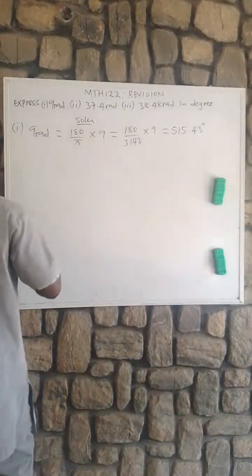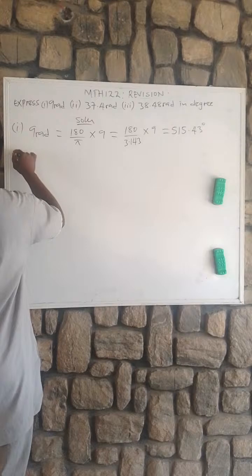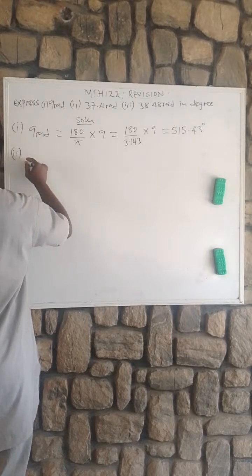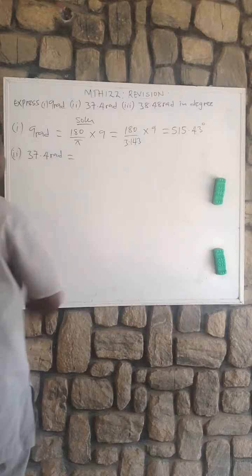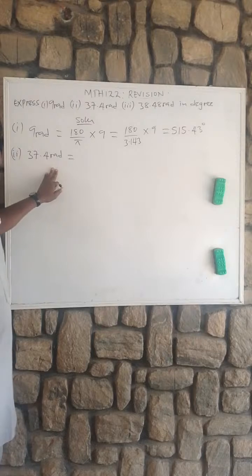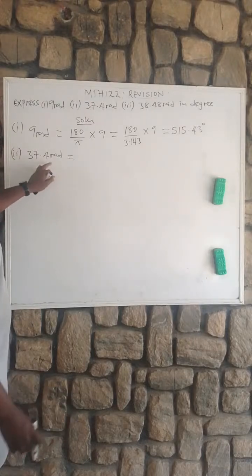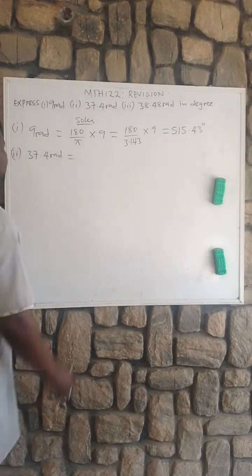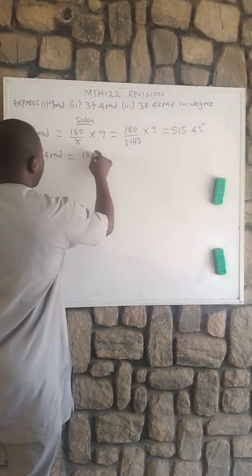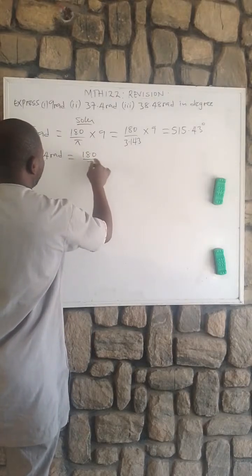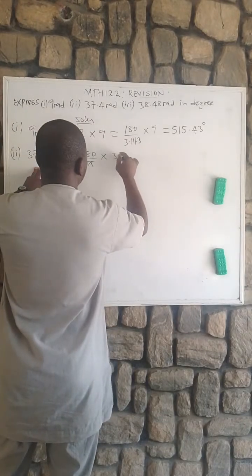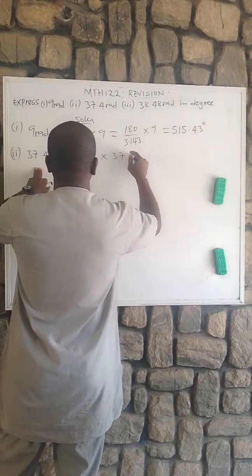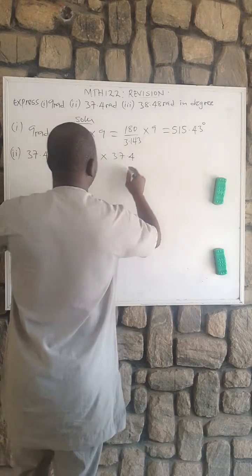Then let's consider II. II is 37.4 radian. It is the same approach since it is in radian. So we have to convert it to degrees. So it means 180 all over pi times 37.4.